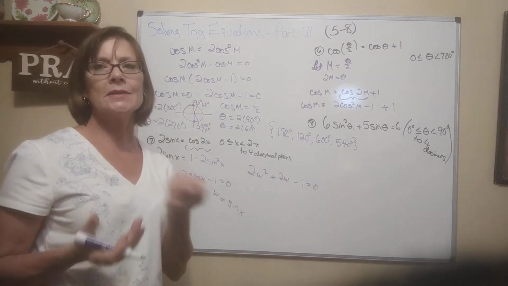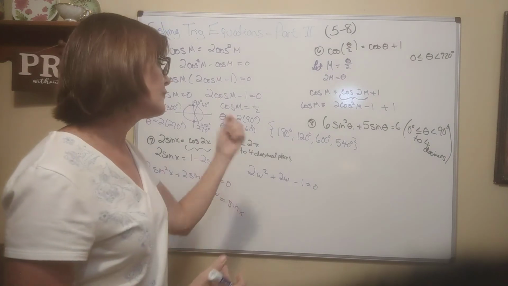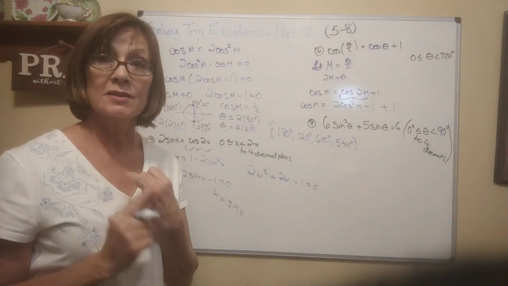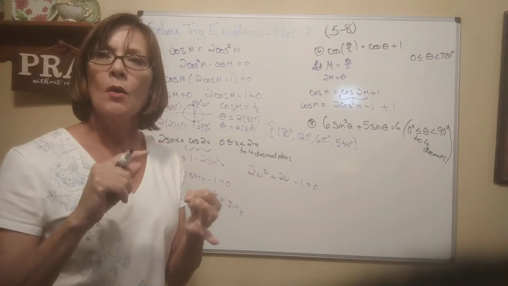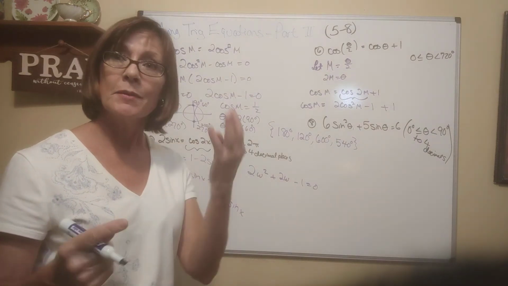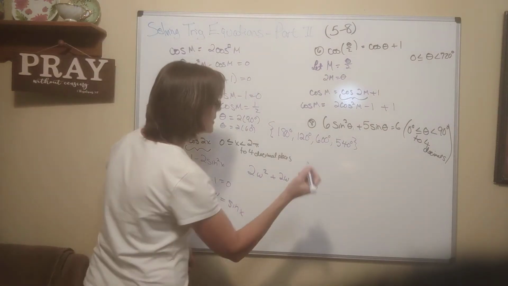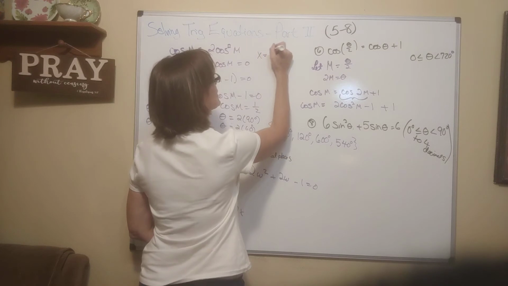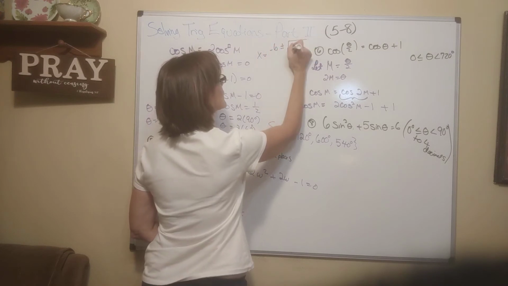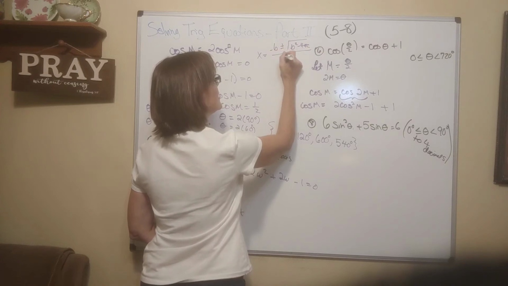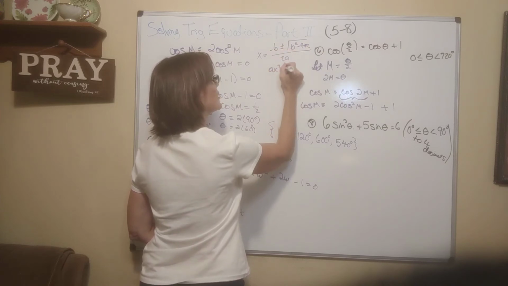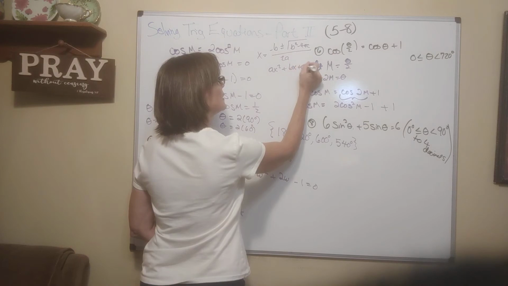If it doesn't factor, see, factoring's so easy, but if it won't factor, we have other methods. You can complete the square, everybody's very favorite, or the quadratic formula is a good one. I'm going to use the quadratic formula. x is negative b plus or minus the square root of b squared minus 4 times a times c, all over 2a, and this is for a quadratic function that looks like this.